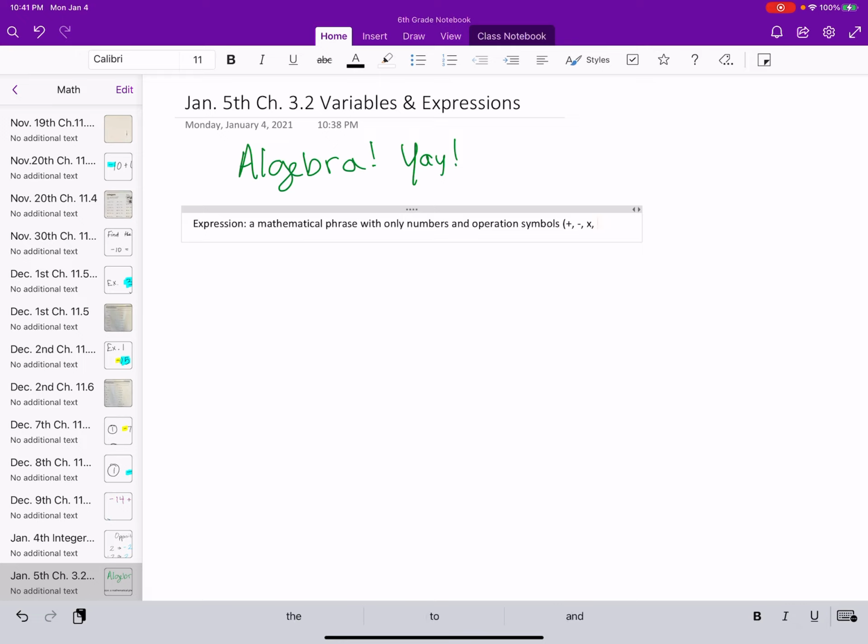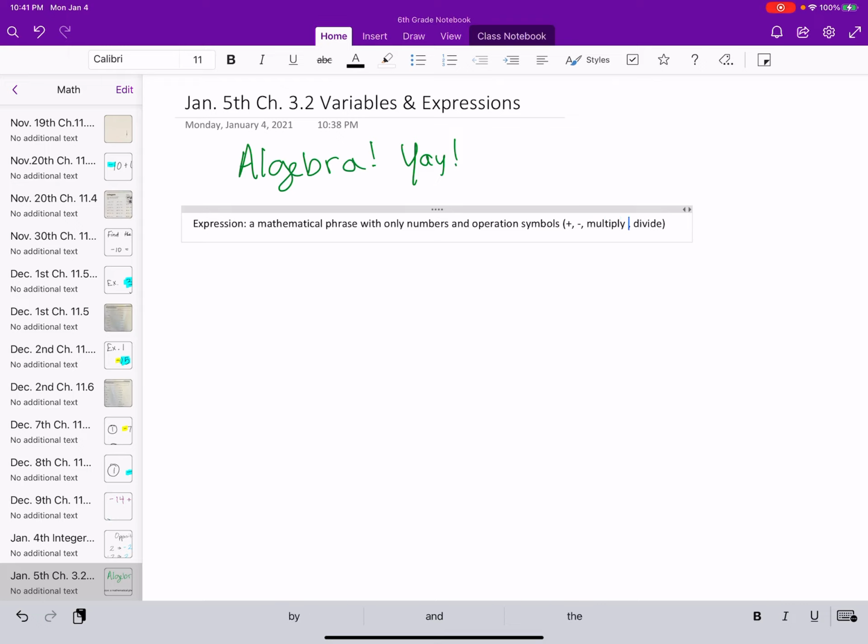I'm not going to be able to get the division symbol on here, so I'm just going to type it out. Also, I want you to be really careful about using that X as your multiplication symbol. Honestly, I don't want you to do it anymore. I'm not even going to use the X as multiplication, I'm just going to type out multiply.